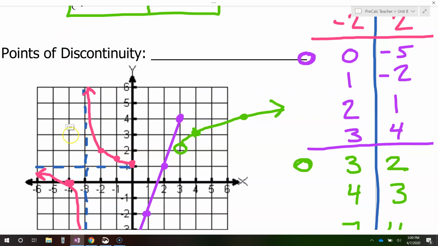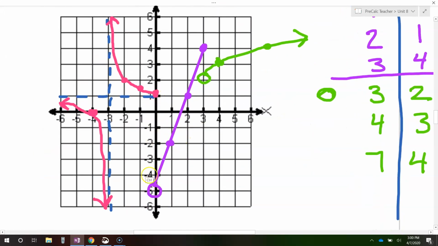Okay, so because we have 1, 2, we have 3 discontinuities. So we have an infinite one at x equals -3. All right, this vertical asymptote. Infinite at x equals -3. And then we have another break right here at 0. All right, right at the y-axis. This is a jump.